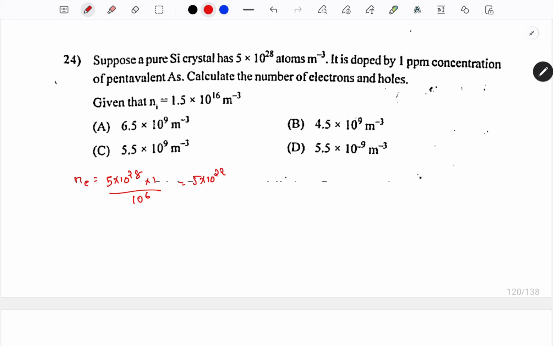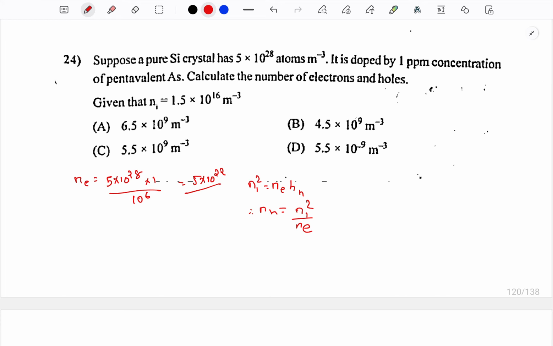Moving further, we know that Ni square is equal to Ne into Nh, therefore Nh is equal to Ni square divided by Ne. This question was asked in the 2025 paper also, but there only number density was asked. Here we have to find numbers of electron and hole.